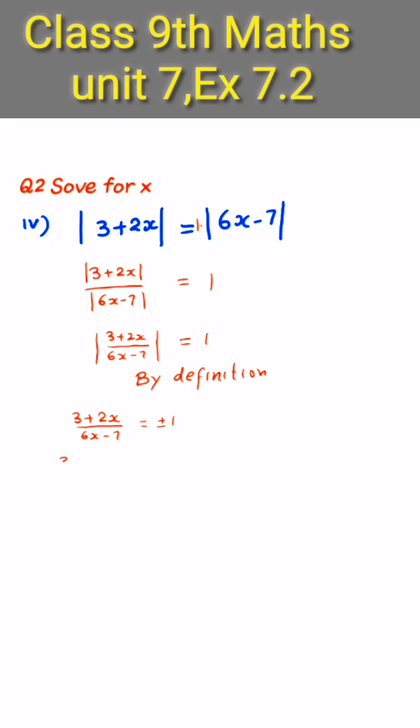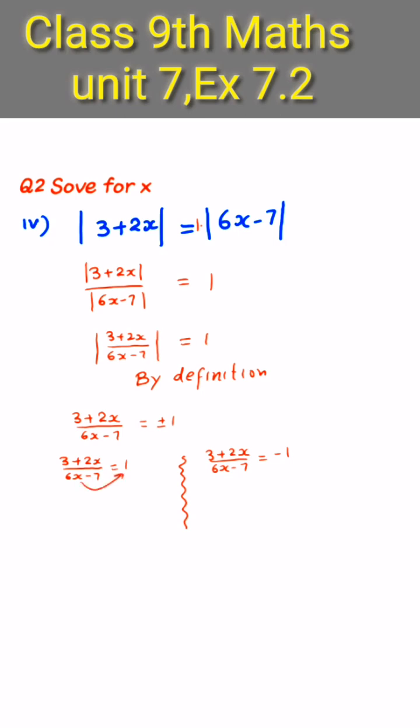The first case will be 3 plus 2x over 6x minus 7 is equal to 1, and the second case will be 3 plus 2x over 6x minus 7 will be equal to minus 1.